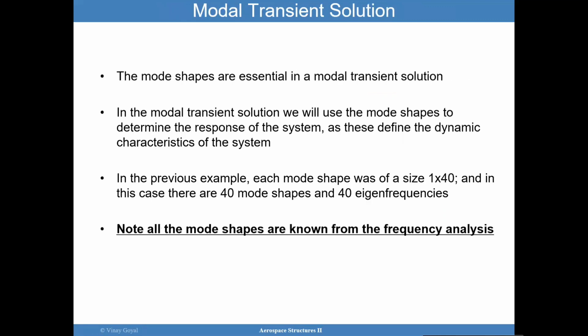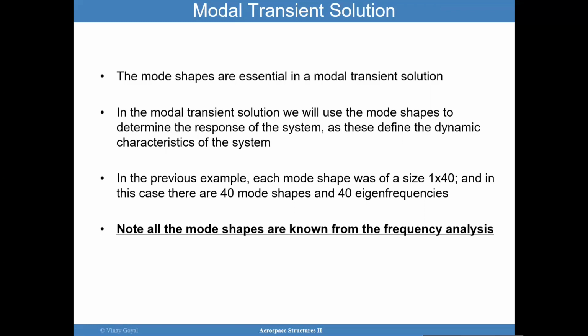So the mode shapes are essential in a modal transient solution. In the modal transient solution, our goal is to use mode shapes to determine the response of the system, as these define the dynamic characteristics of the system. In the previous example, each mode shape that we saw was of a size of 1 by 40.